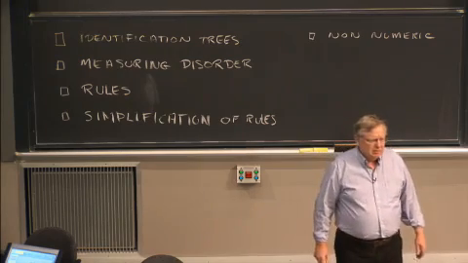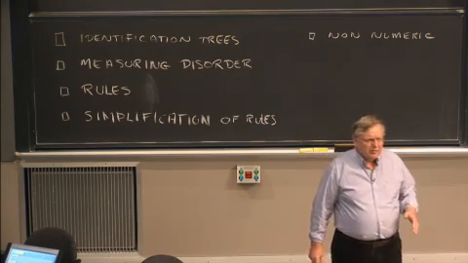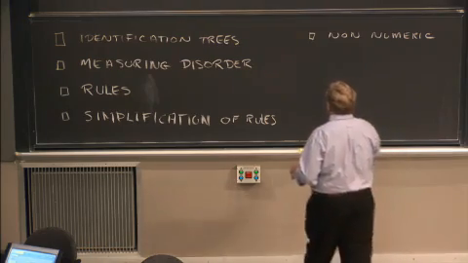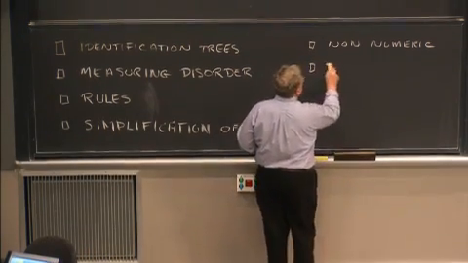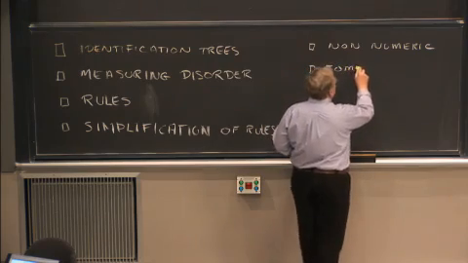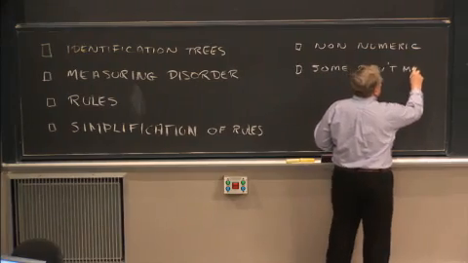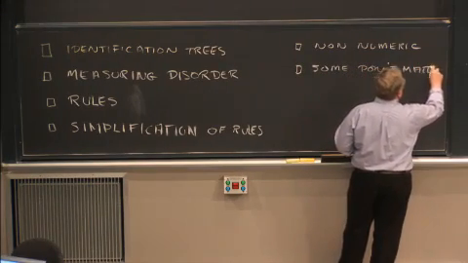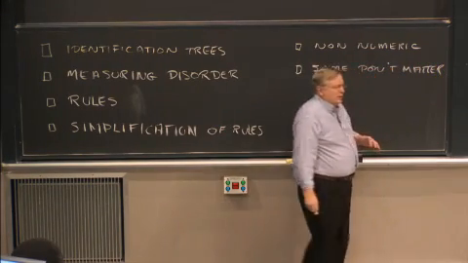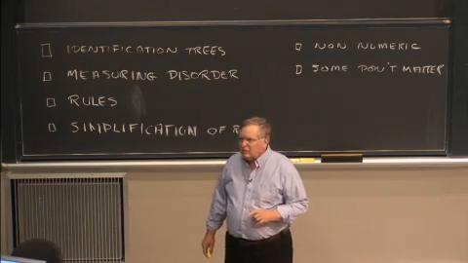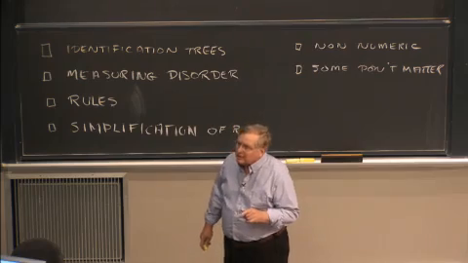For example, it's not clear that all of these characteristics actually matter. So some characteristics don't matter. And a corollary to that is that some characteristics do matter, but they only matter part of the time.